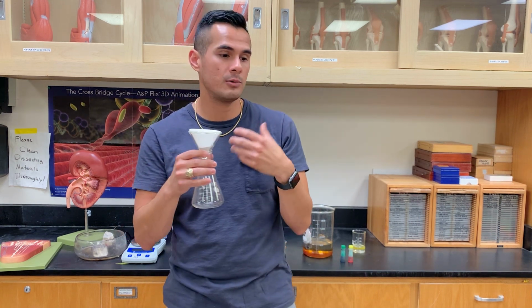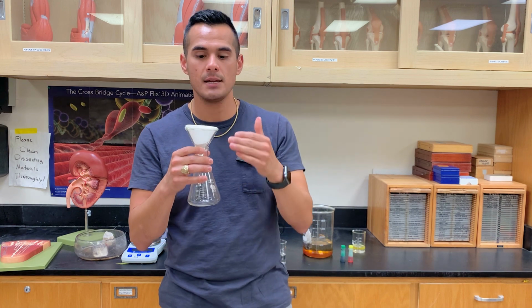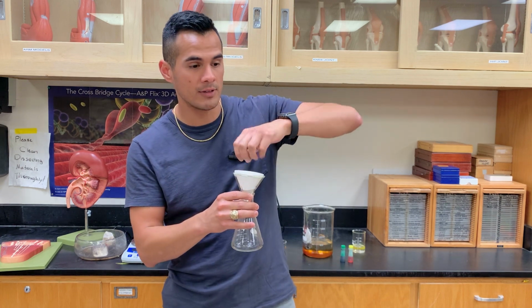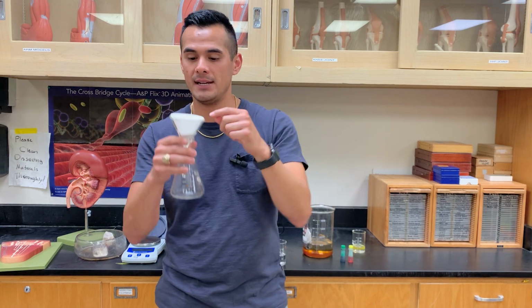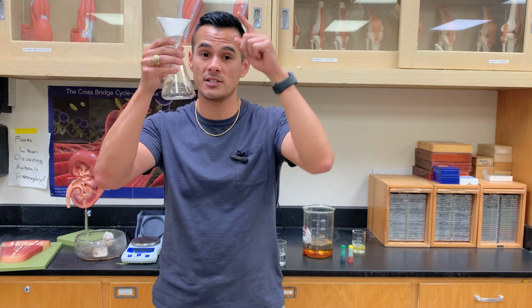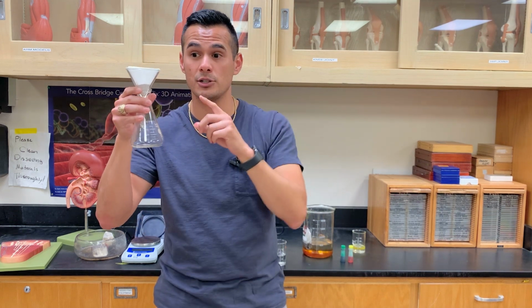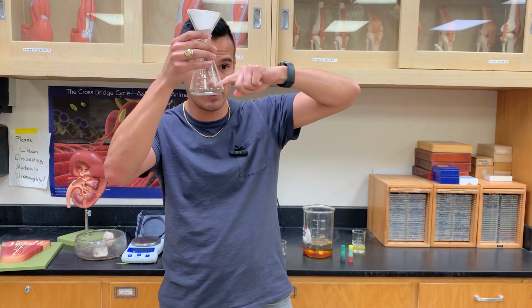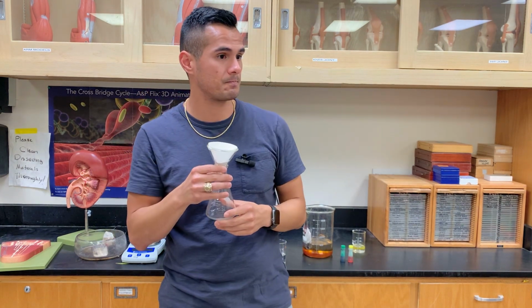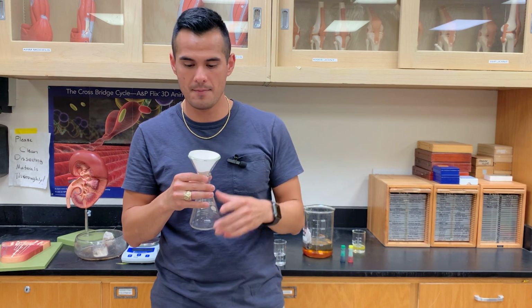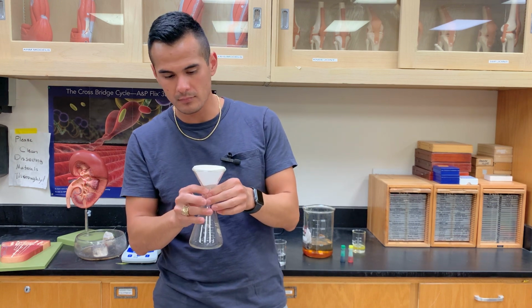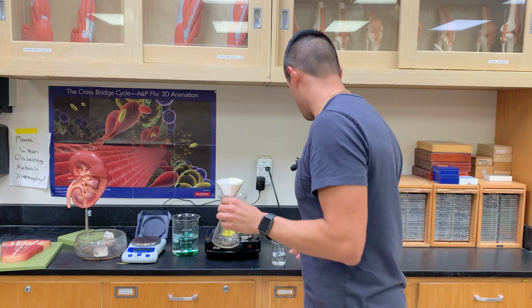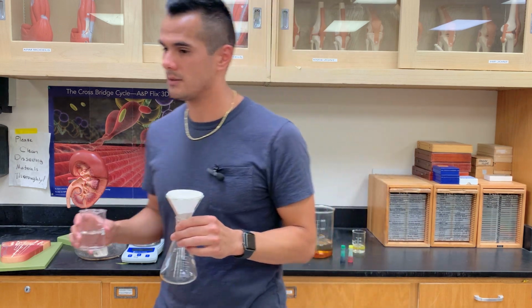But what's happening is this potential energy of all this water that's here is being converted into kinetic energy once it starts to drop. Okay, because gravity is what's helping to bring this down. Make sense? Yeah? Okay. So let's go ahead and start our experiment.